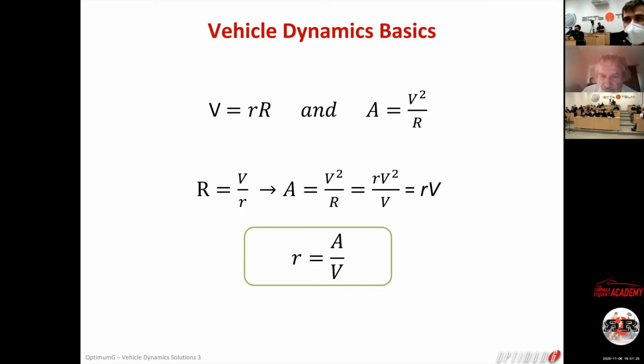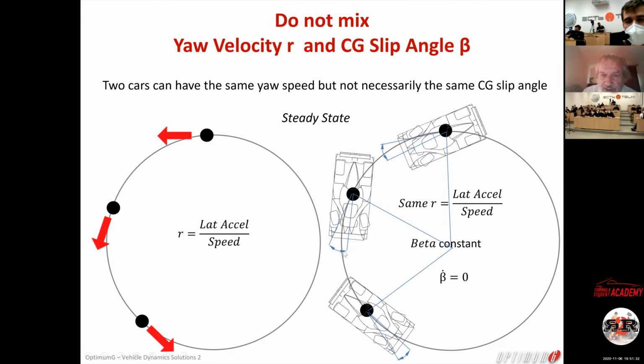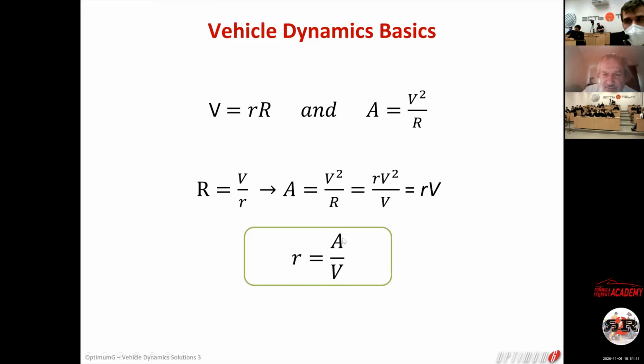Now, do you agree, be careful here, that on the skid pad, the speed is constant and the lateral acceleration is constant? Do you agree that on a skid pad, the lateral acceleration and speed are constant, therefore the yaw velocity is constant, correct? Good. If you differentiate something which is constant, the derivative is zero.